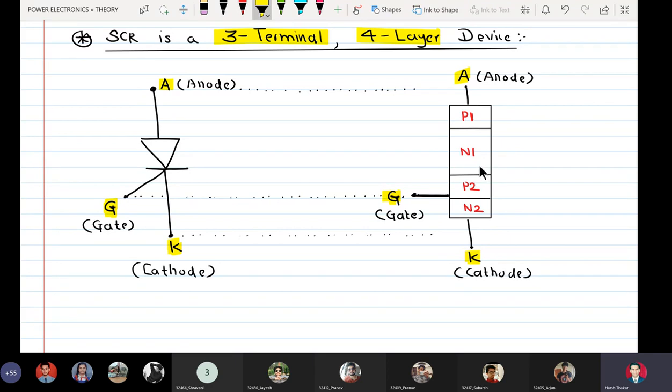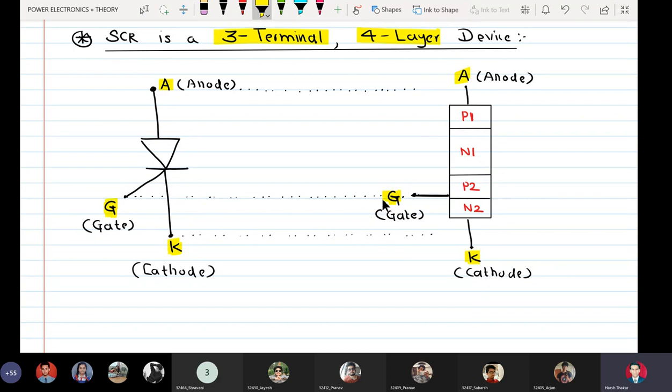So I repeat that amongst the 4 layers present within an SCR's planar structure, P1, N1, P2 and N2, the width of the layers P1, P2 and N2 is the same, while the width of the second layer, that is N1, is the largest. There are reasons for that which I will tell you soon.